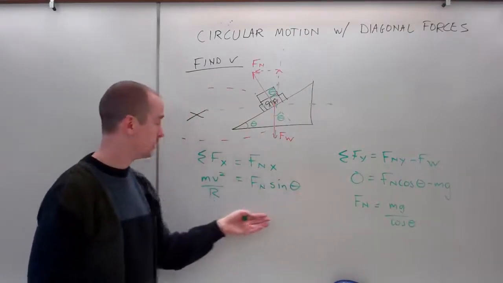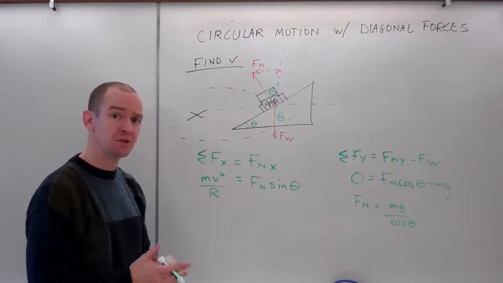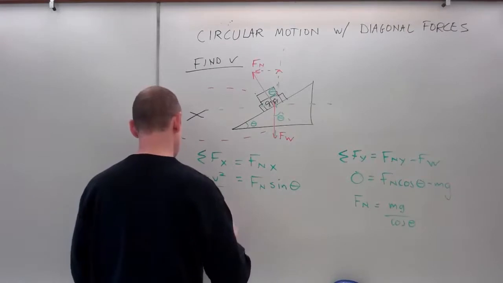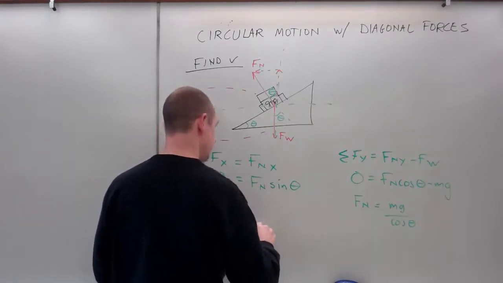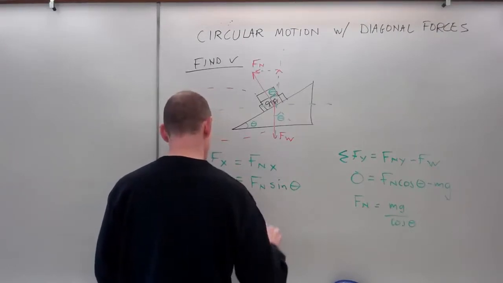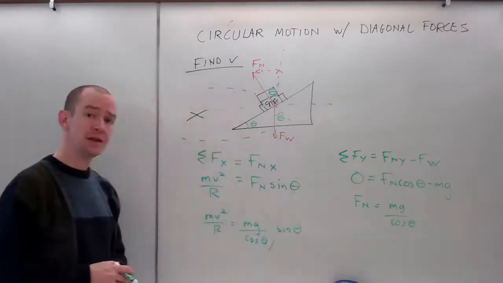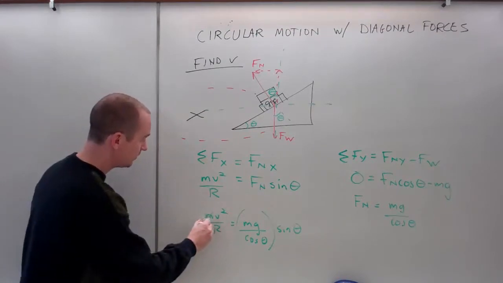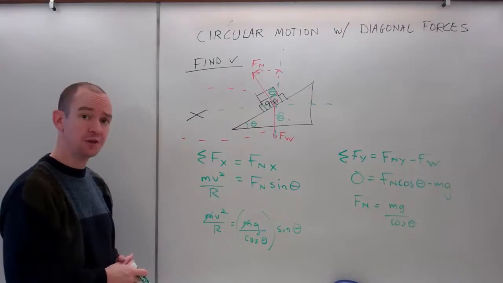I'll now take this and plug it back into here. I'm a little concerned that I don't know mass, but maybe something special will happen. And indeed it does. I have mass on both sides. I can cancel those out. Now I'm only left with variables. So I can solve for v.